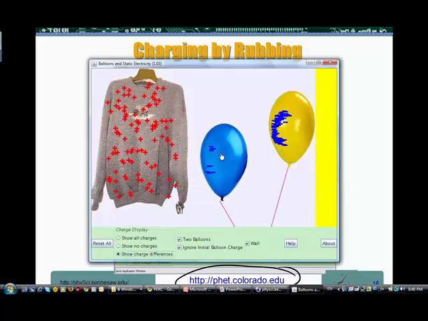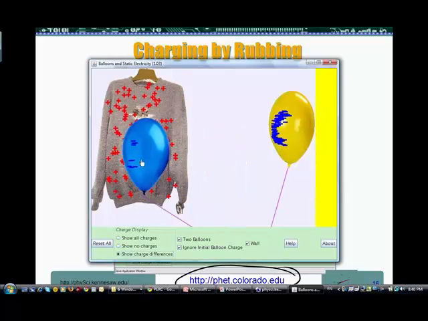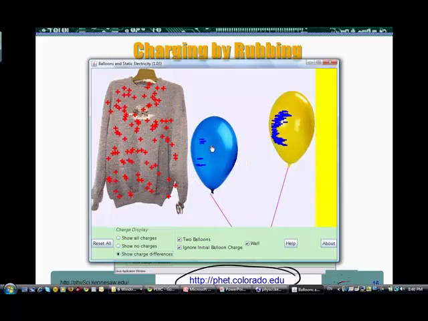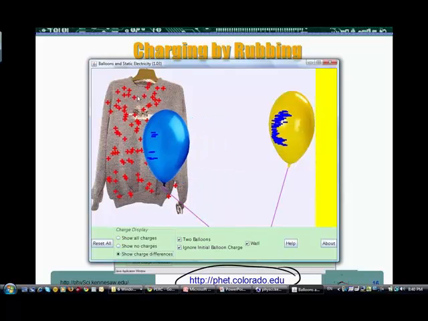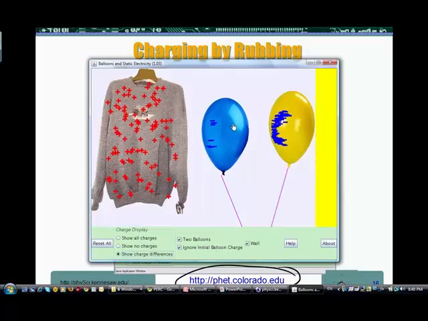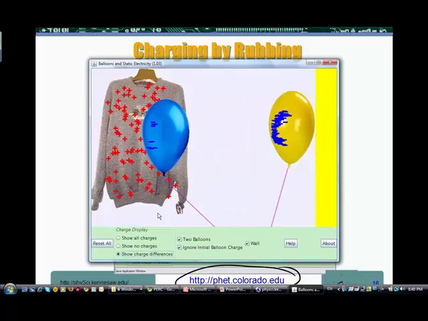Notice here that initially the sweater had positive and negative charges, and now we stripped it of quite a number of negative charges. And what we are seeing here is just the net charge that's left on the sweater.